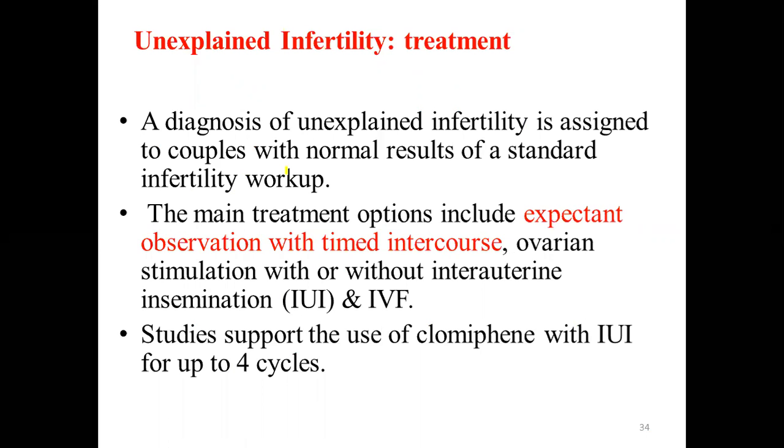In that condition, maybe you can employ observation with timed intercourse, ovarian stimulation with or without intrauterine insemination, or maybe even in vitro fertilization. Also, some studies support the use of clomiphene with intrauterine insemination for up to 4 cycles. So those are the possible options.